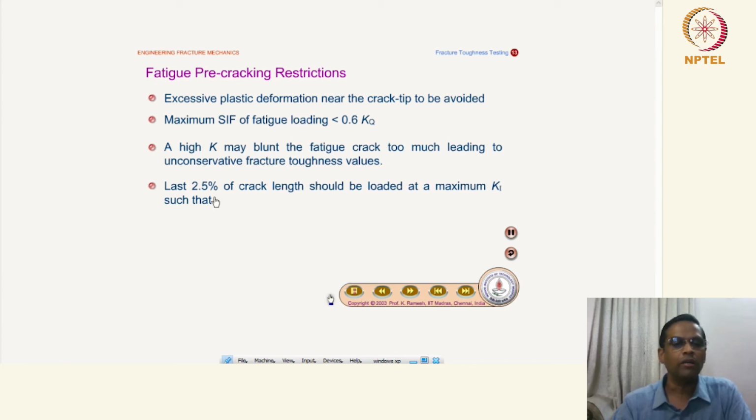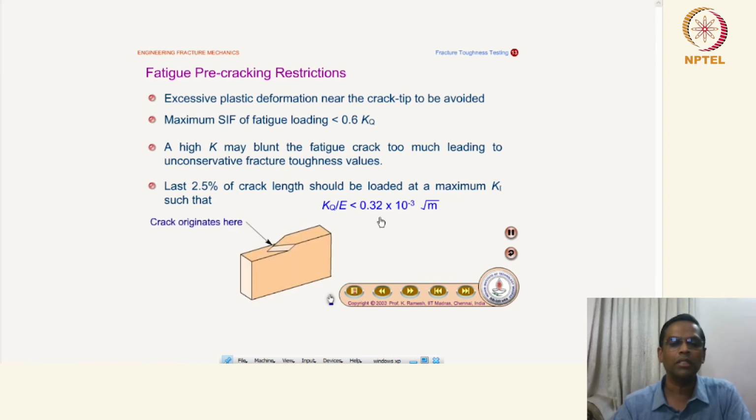For the last 2.5% of the crack growth, the crack length should be loaded at a maximum K1 such that KQ by E should be less than 0.32 times 10 to the power minus 3 square root meter. That is the crack growth condition at the final stage.